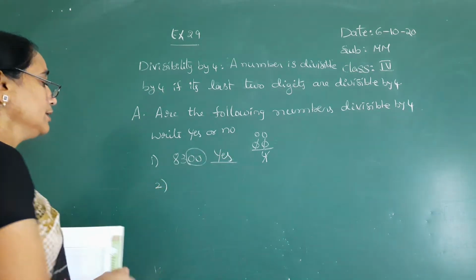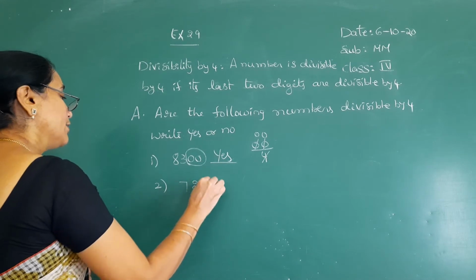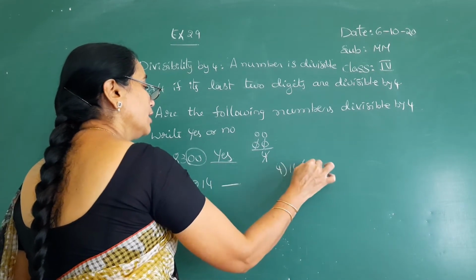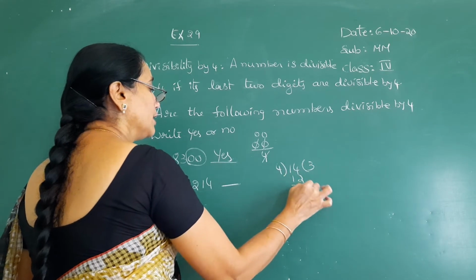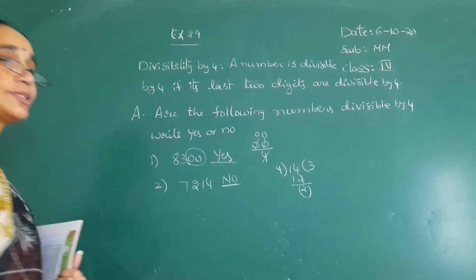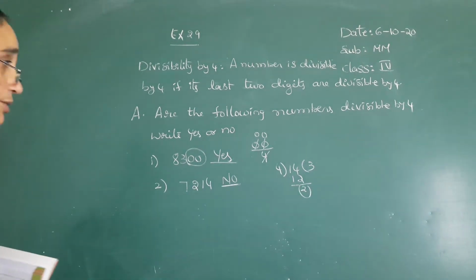See the second one, 7214. 14 divided by 4: 4 threes are 12, remainder is 2. So no, it is not divisible by 4, because 14 is not divisible by 4. Divisible means the remainder is 0.